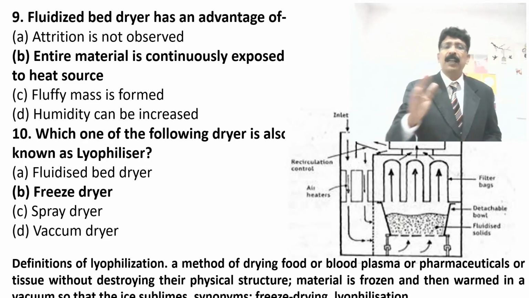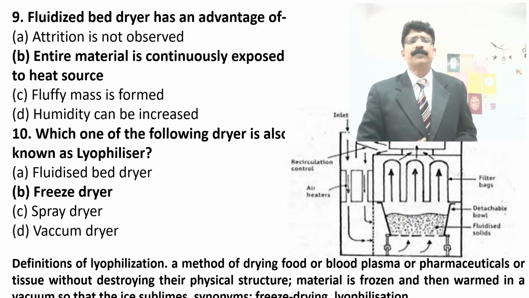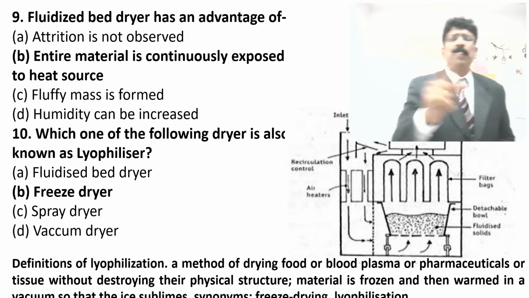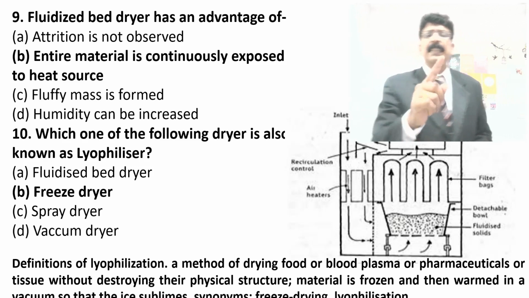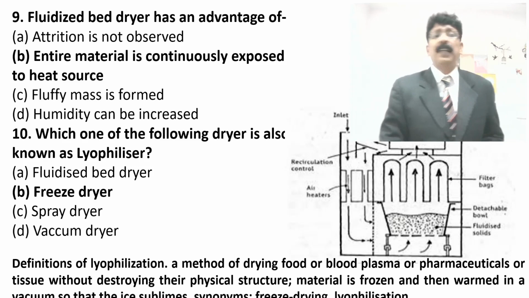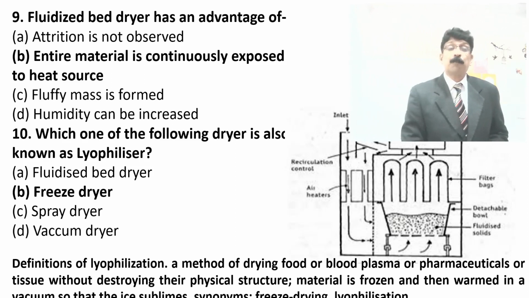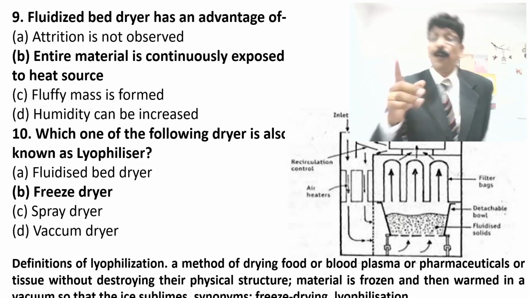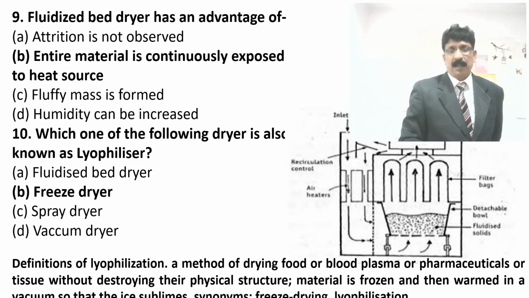They have given a choice: attrition is not absorbed. I think that is not connected with an advantage of the fluidized bed dryer. Another choice: the entire material is continuously exposed to the heat source, because the fluidized bed dryer is used to dry the granules and to maintain the humidity.